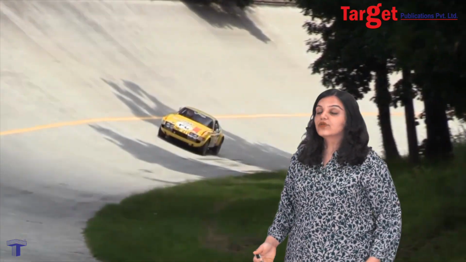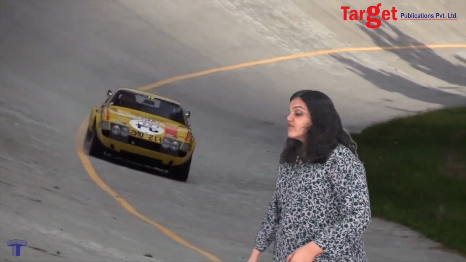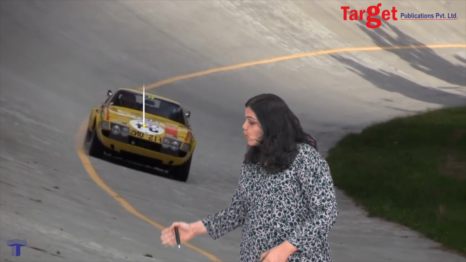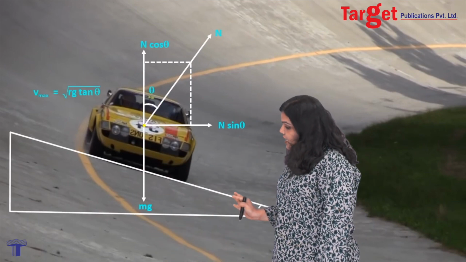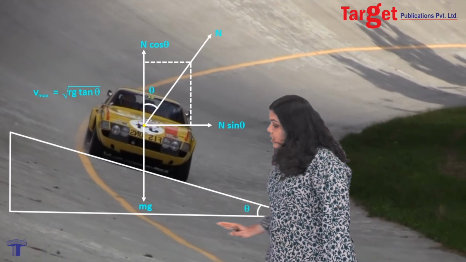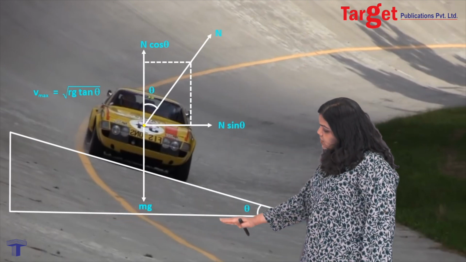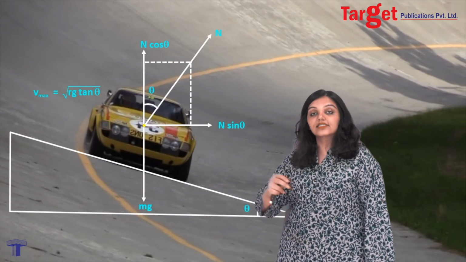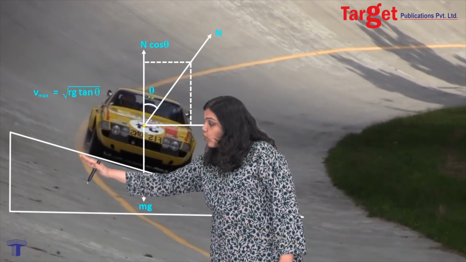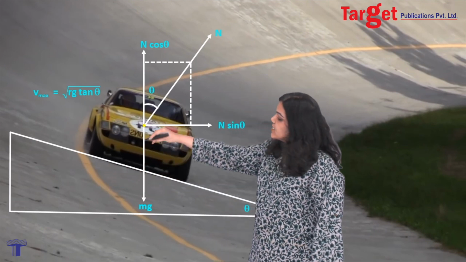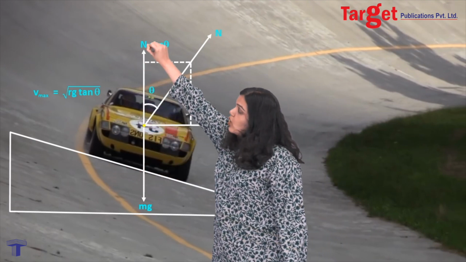Let's look at what happens when the car is coming on a banked road, meaning a road which is raised as compared to the floor. So you can see it's making a certain angle with the horizontal axis. That means this road is lifted high, and this is done on purpose. And why is this done on purpose? Because if you lift this road at an angle, then the normal reaction is no longer straight.